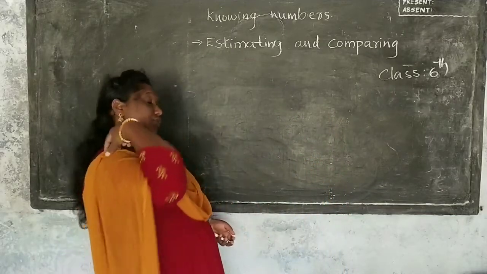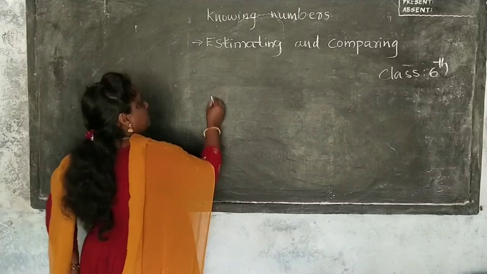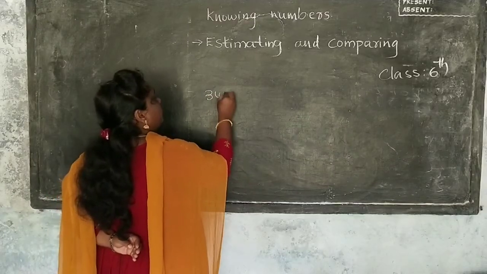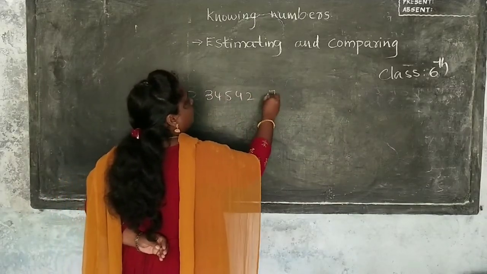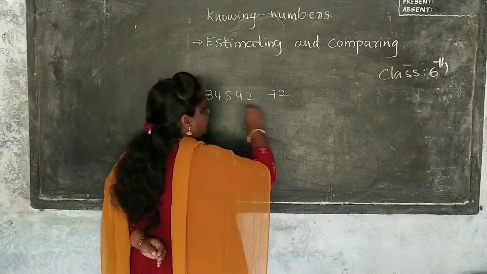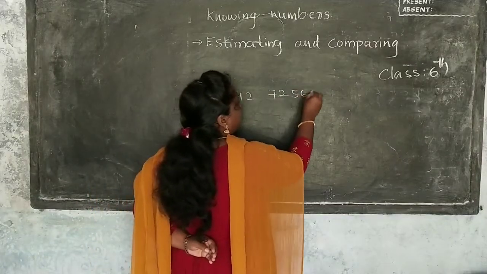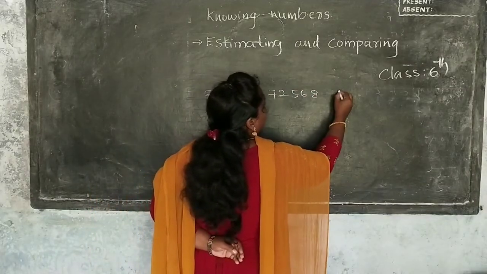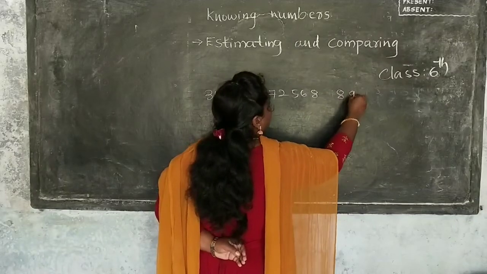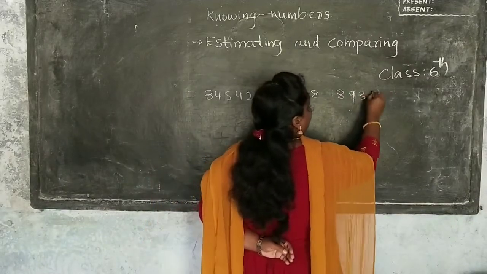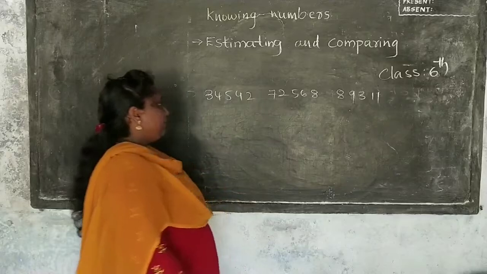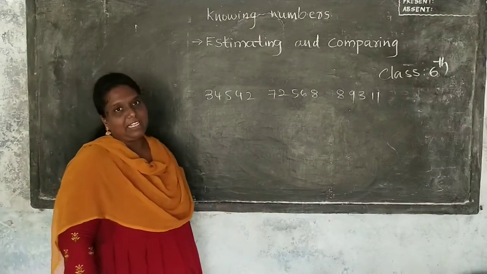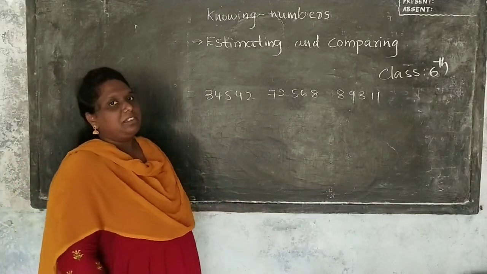Okay, I will give you numbers. So here I have given 3 numbers. Now we are comparing the 3 numbers, beta.